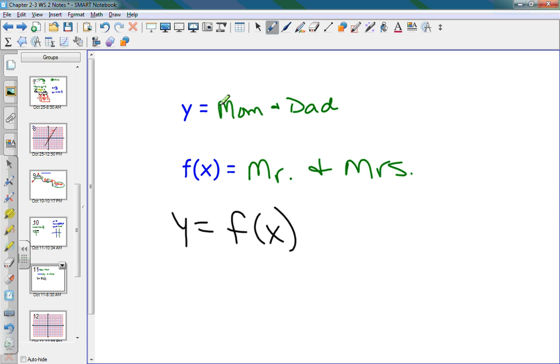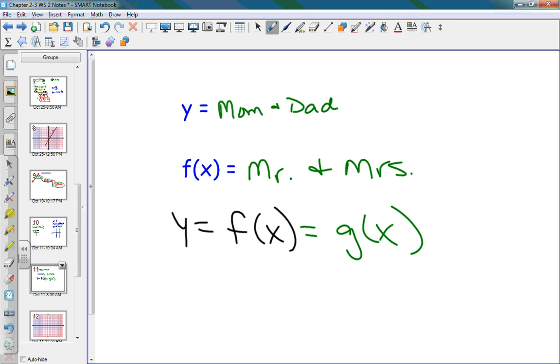How would you distinguish between the two different sets of parents? F of x, g of x, h of x. They're different functions, but they all still represent y. Do we understand that? They're just nicknames for each other.